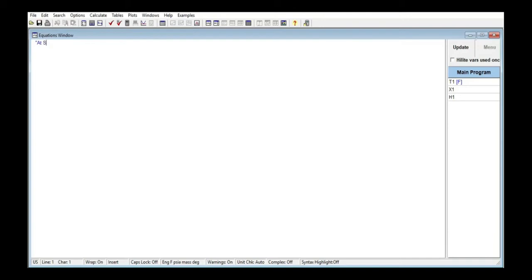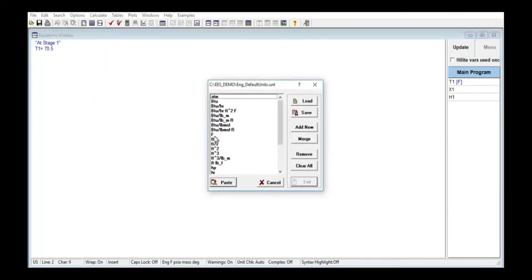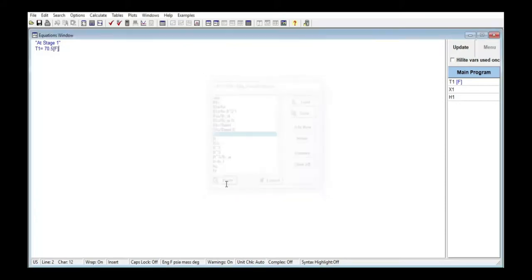First of all, we will define this as stage 1, and then we write the things which are given, which is temperature T1, which is 70.5, with unit Fahrenheit, and paste it. We will also write the quality, as it is saturated vapor, so x1 will be 1.